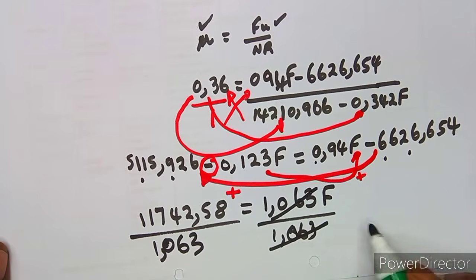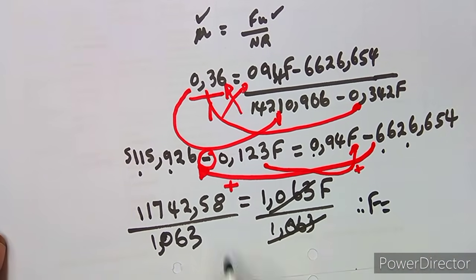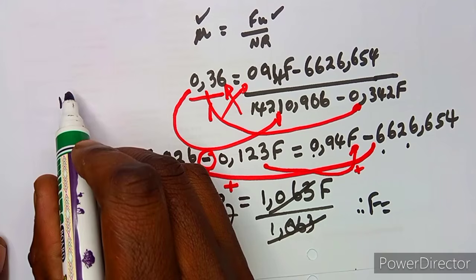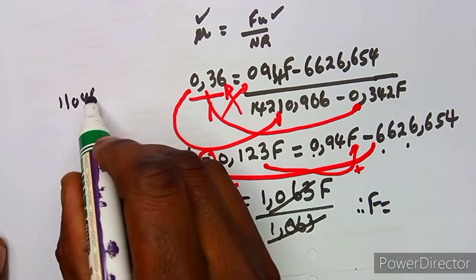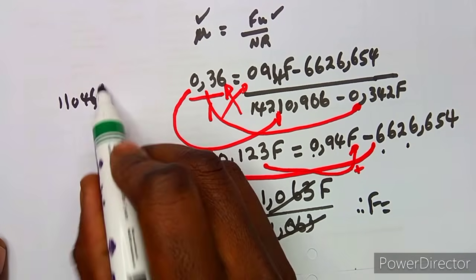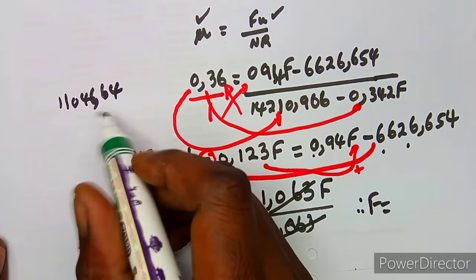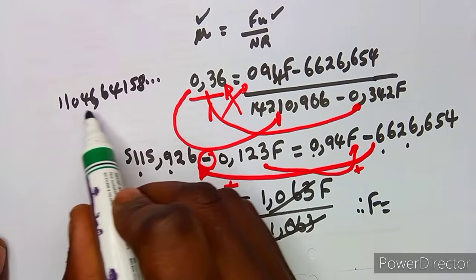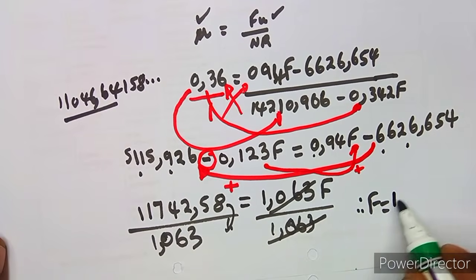So that's going to cancel. So therefore our f is going to be, if you divide these two values, something like 11046,64158, something like that. So just round off.